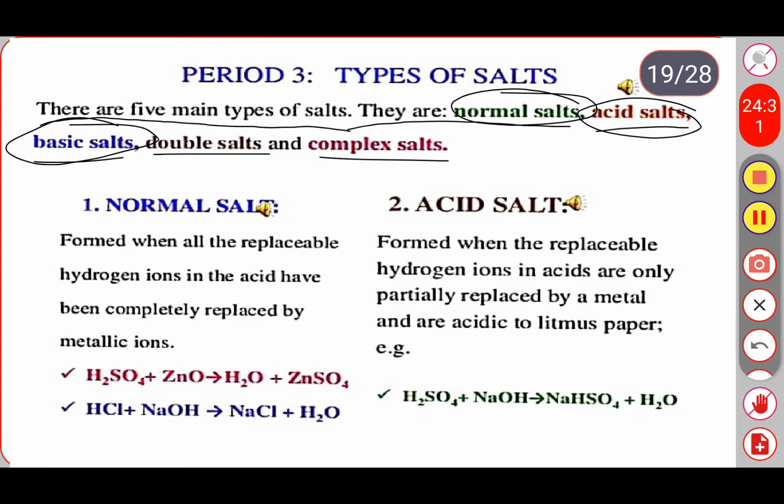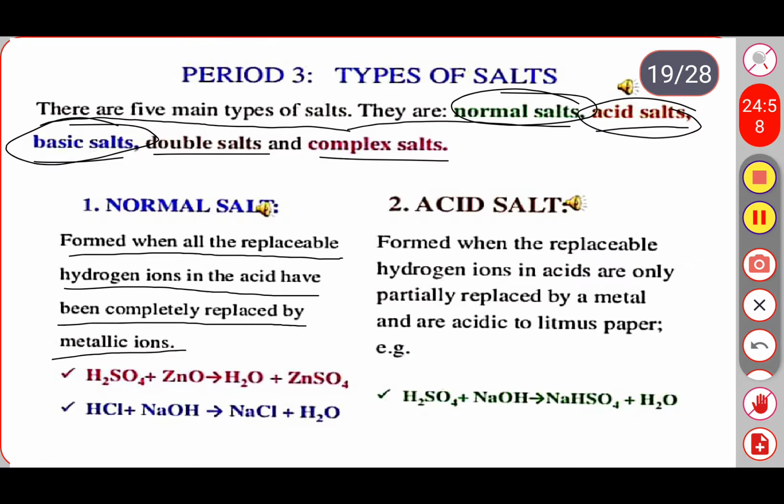Normal salts are formed when all the replaceable hydrogen ions in the acid have been completely replaced by metallic ions. What happens in normal salt? Normal salts are the salts that do not contain any replaceable hydrogen atom or hydroxyl group.